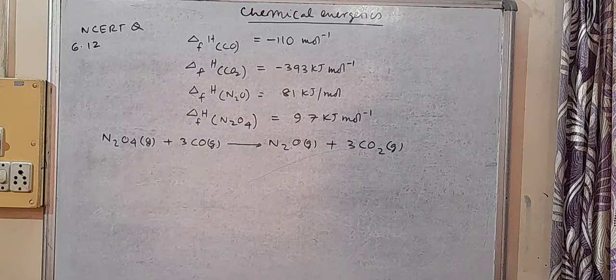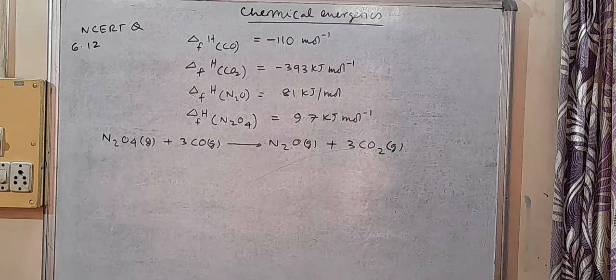In this question, the enthalpy of formation of carbon monoxide, carbon dioxide, nitrous oxide and nitrogen tetroxide are given, and we have to find out the enthalpy of this reaction.